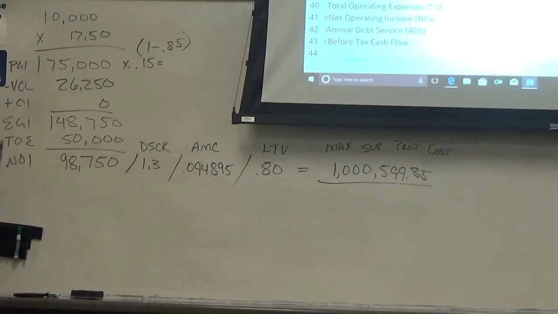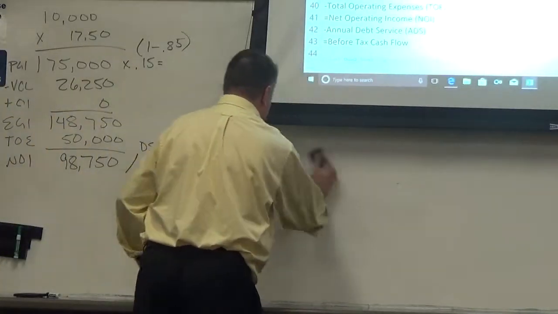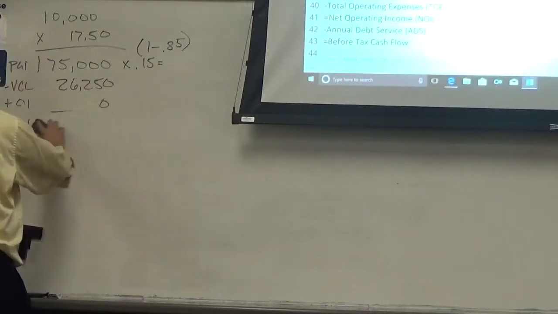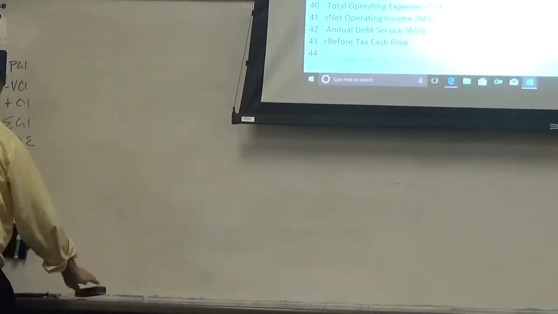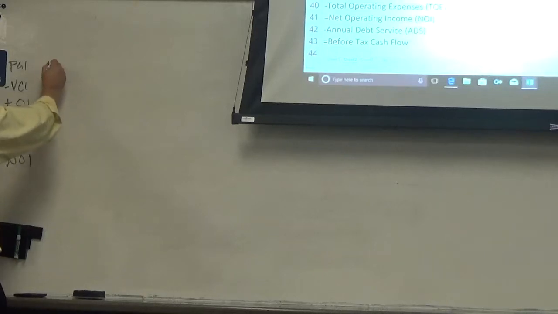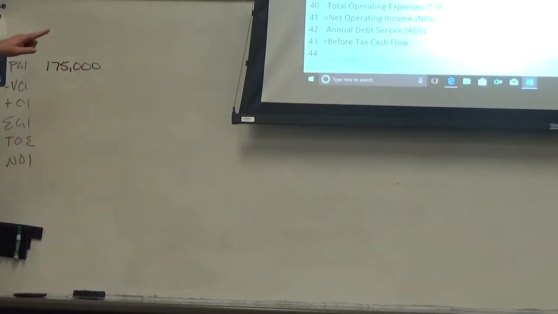So first of all, let's talk about potential gross income and then the growth rate. We've got 175,000 up there as our potential gross income.